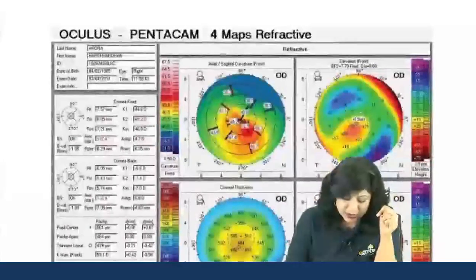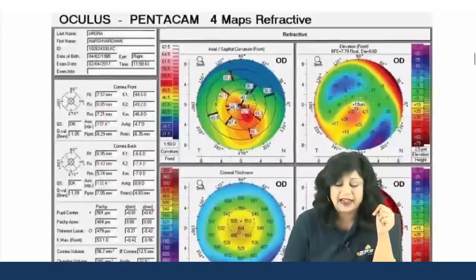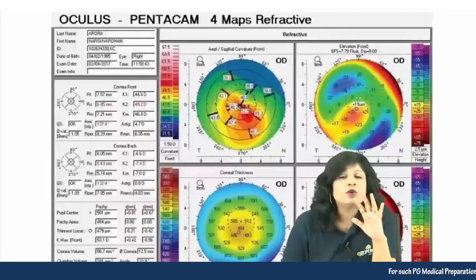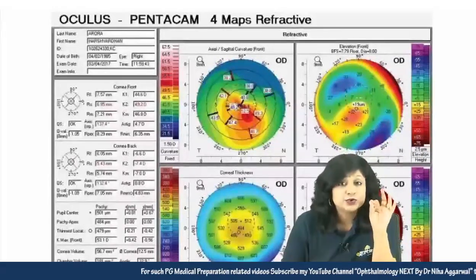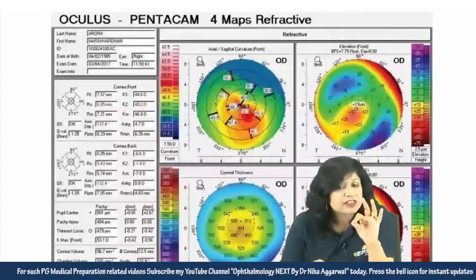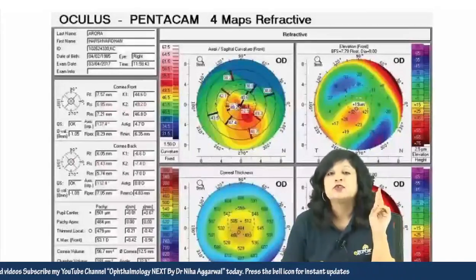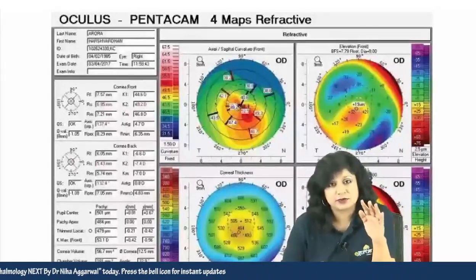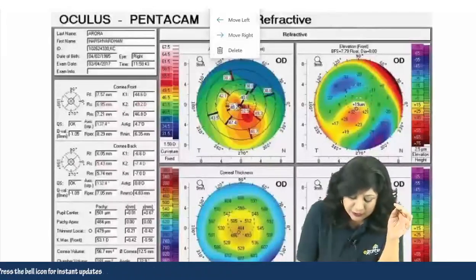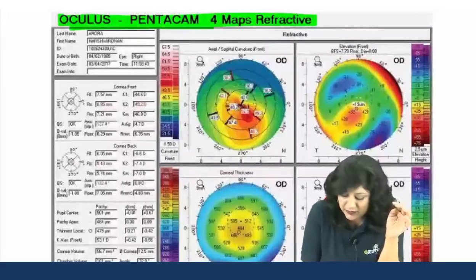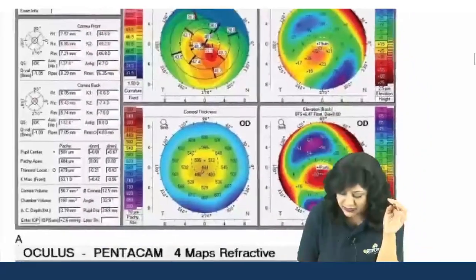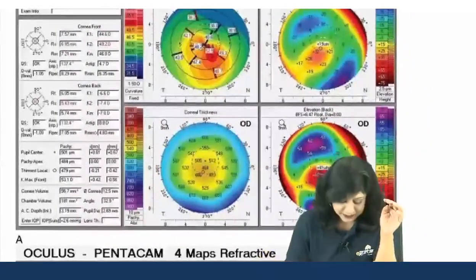So this is your Oculus Pentacam. I don't want you to go into the details of this Pentacam, but you should know the name of this investigation, number one, and that we do it for topography. You should be able to recognize it. This is the Pentacam, and we have four refractive maps here.